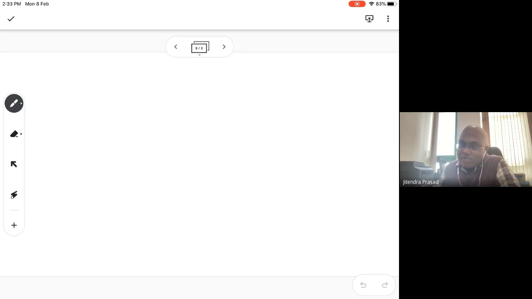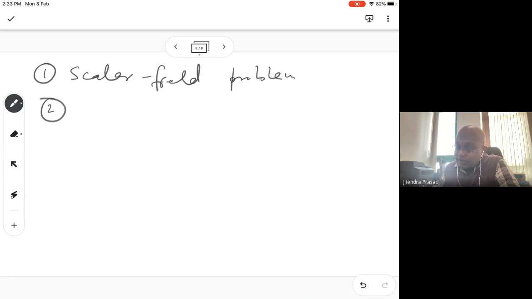Let me introduce one term called a scalar field problem, and a second called a vector field problem. What is the difference?